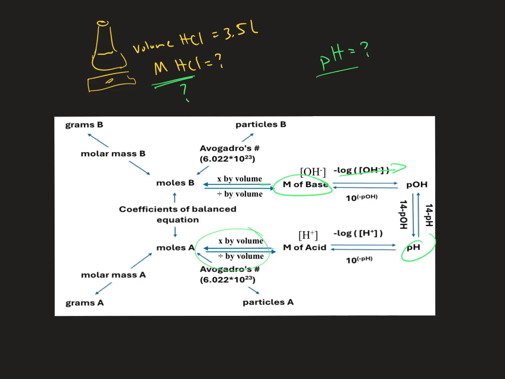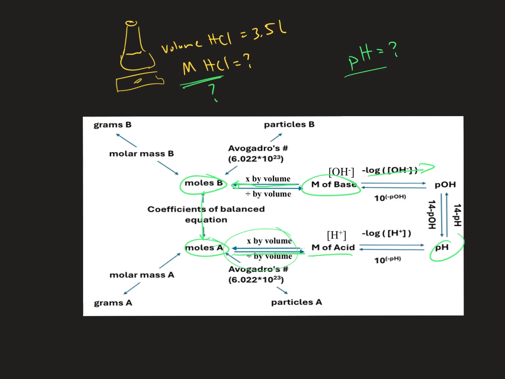So we have to multiply our concentration by our volume, and we have those two, and that gives us this. We look at our balanced equation that we wrote, the 1-to-1 ratio, we get that. Then we divide by the volume. We did have the volume, make sure it's in liters in both cases, and we get the concentration of our acid.